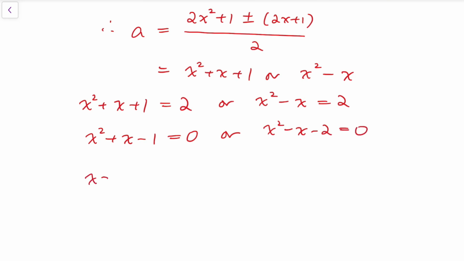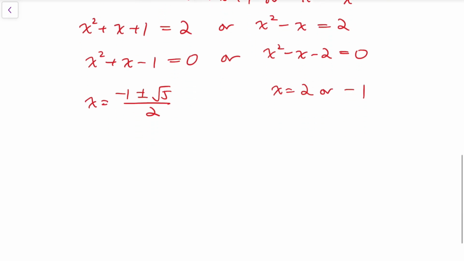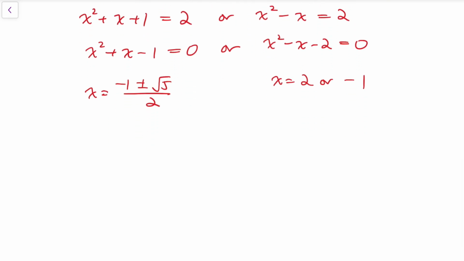For the equation at the left, we have x equals minus 1 plus or minus square root 5 over 2. While for the equation at the right, we have x equals 2 or minus 1. Now notice that our original equation is looking like this.